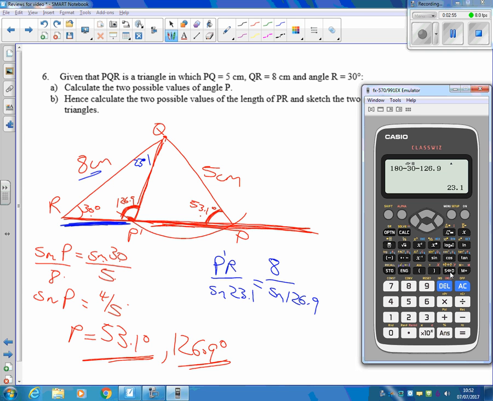Losing my accuracy here, I've not kept enough values in the calculator, so I'm going to have to do this with rounded answers, times by the sine of 23.1. So that distance there, that one there is 3.92. I hope that's accurate enough. Might be 3.93 actually if you do that a bit more accurately.